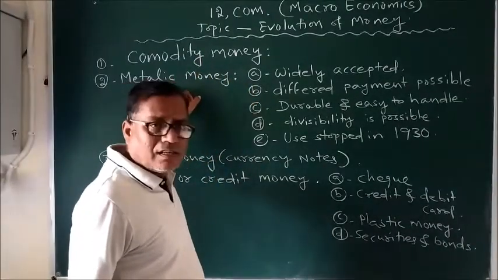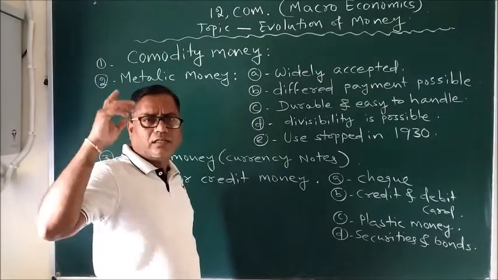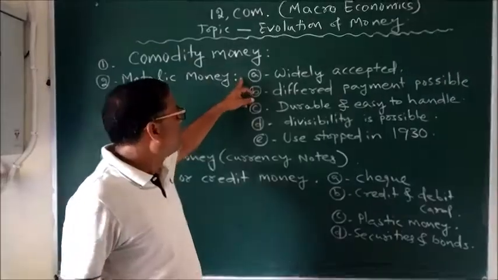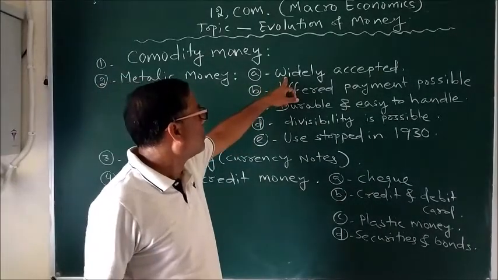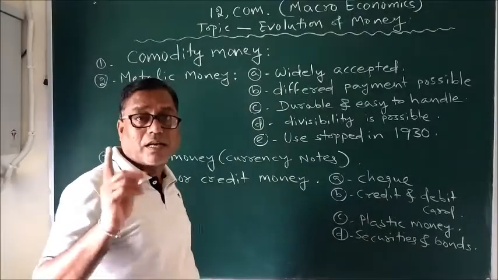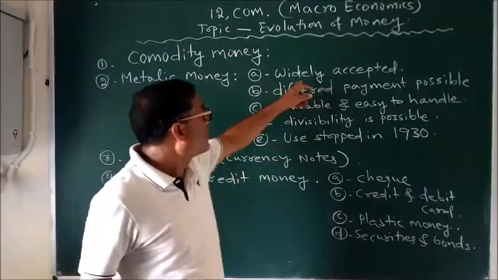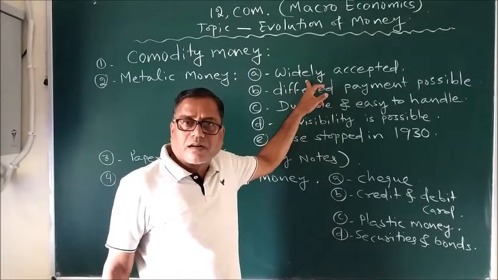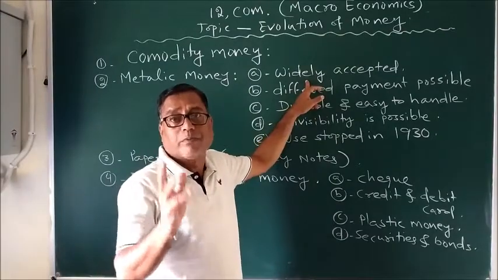So metallic money is money that is made out of some metal, and regarding metallic money we must be clear in our mind that the metal which is used as money must be widely accepted by people, that people in general must accept that metal as money or common measure of value.